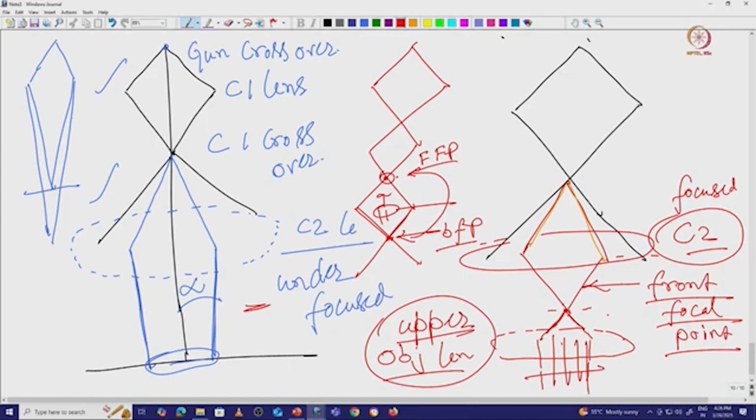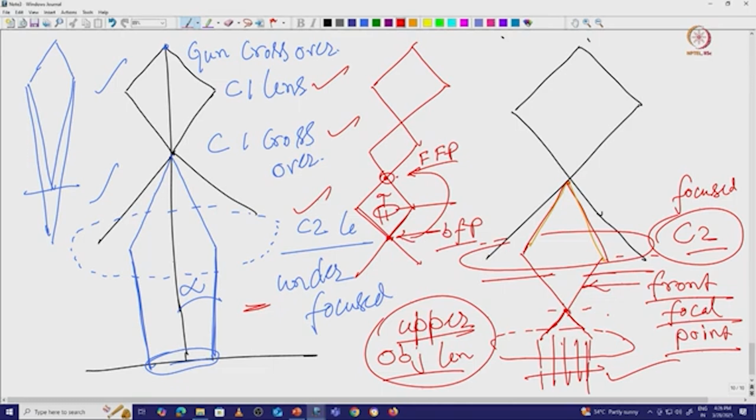Here you can see all these lenses have a very important role, where we are using the C1 lens to make the crossover point up, and then we are using the C2 lens to converge at one particular point, which is helping the upper objective lens to make the beam parallel, as well as we are using an aperture to control how much electron beam is going to pass through the aperture and go through the sample.